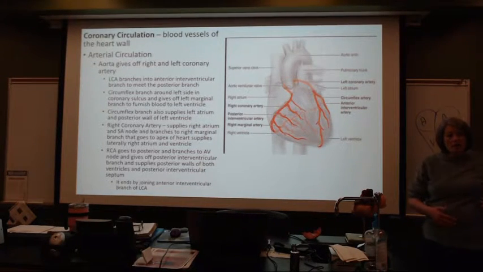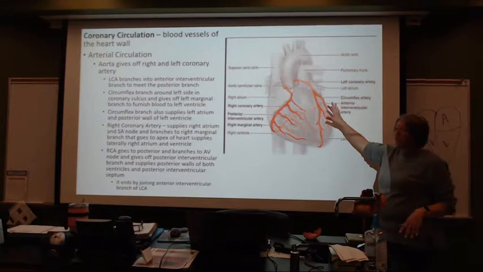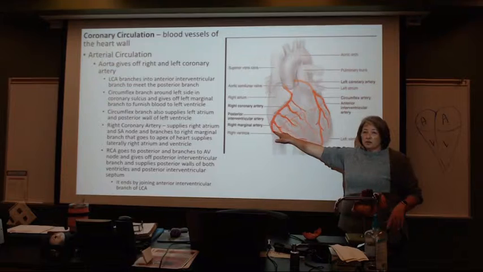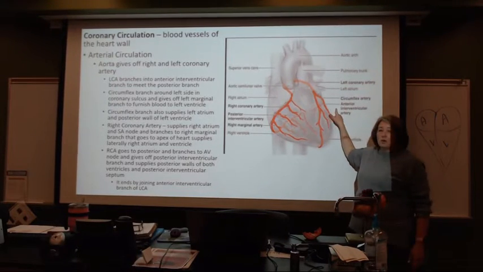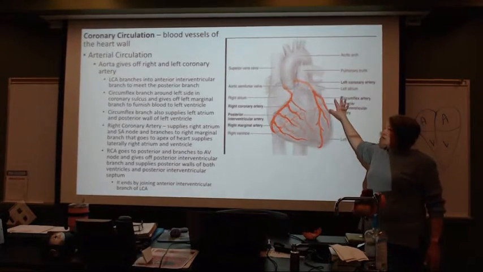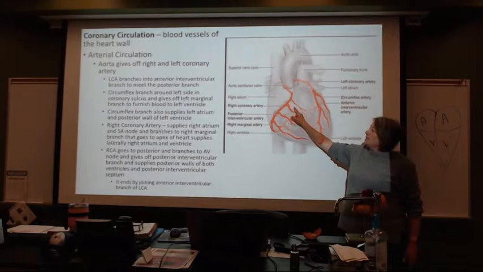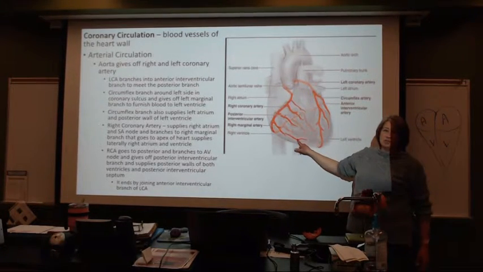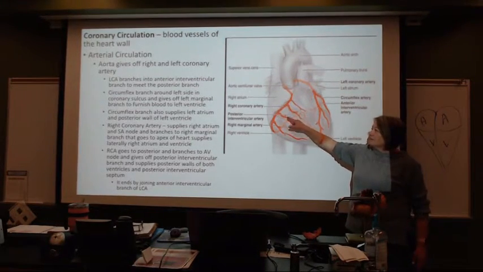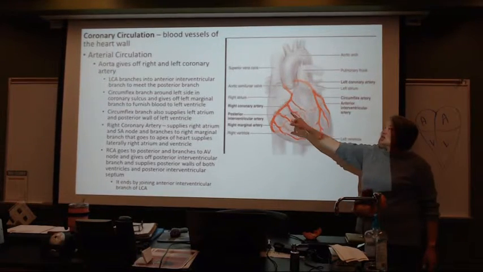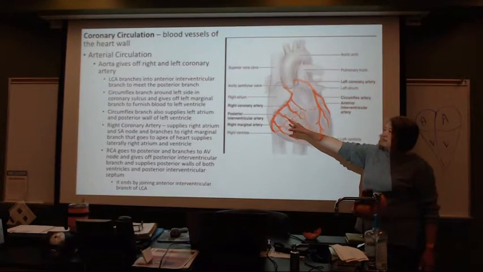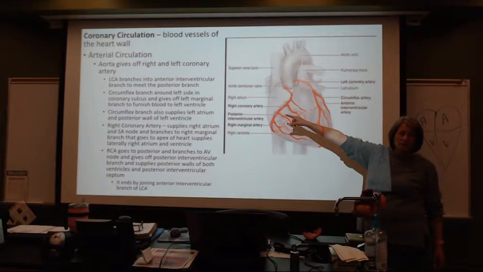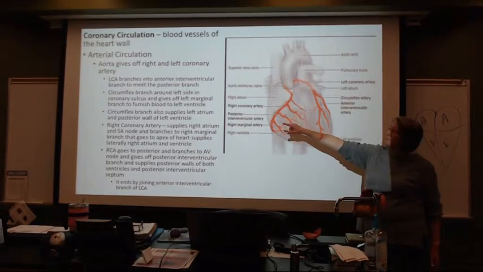But when they talk about left coronary, right coronary, that is what they're referring to. The right going to the right, left going to the left. Note, they begin to branch. And as they branch, we get branching to the anterior and the posterior of the heart.